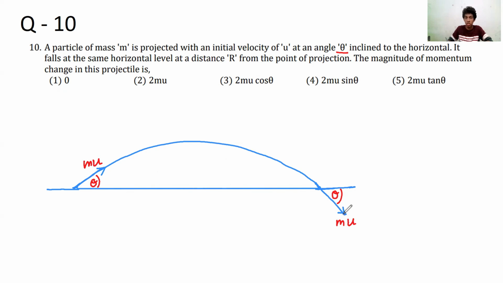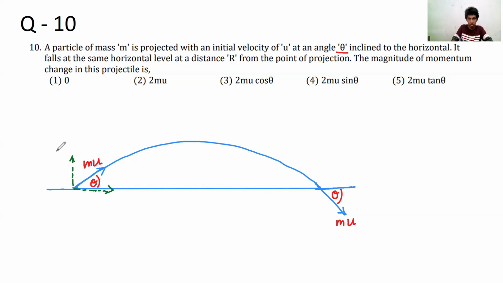So you can't just subtract mu and get the answer as zero, because momentum is not a scalar, it is a vector. So in order to solve this, first we will separate the initial momentum into the horizontal and vertical components.